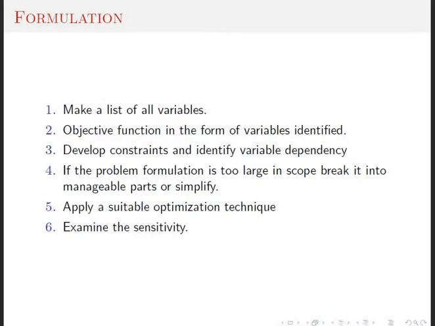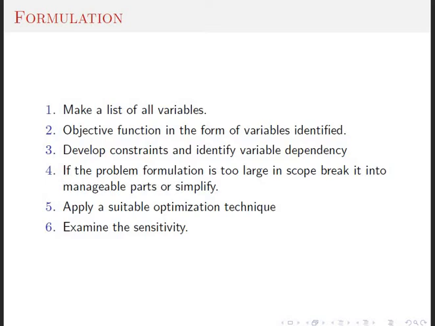The following steps summarize the procedure used to formulate and solve mathematical problems. First, analyze the process to identify the variables and specific characteristics of interest and determine the criterion for optimization. Specifically, the objective function is in terms of these variables with coefficients.